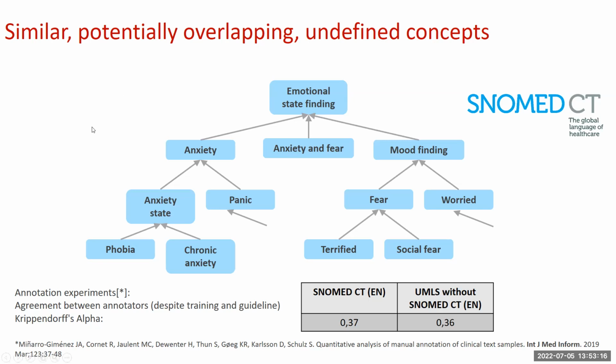And this also surfaces whenever you start translating SNOMED into your own language. I'm a member of the German translation group, and it's very problematic to find the right terms, because sometimes you have different concepts. You would say, well, isn't this the same? Then you try to find out where the boundary is, but SNOMED does not help, because you don't have formal definitions and you don't have text definitions here.